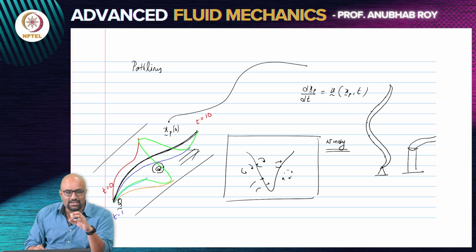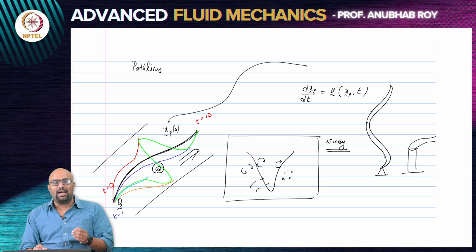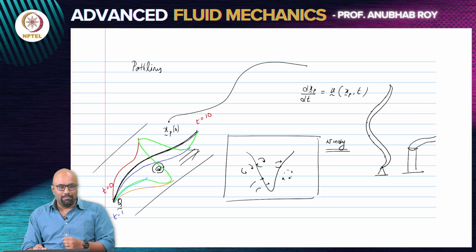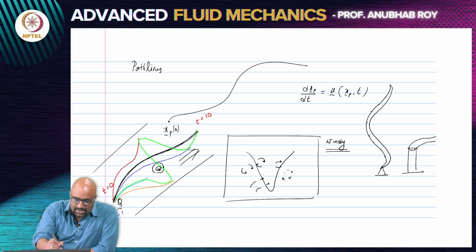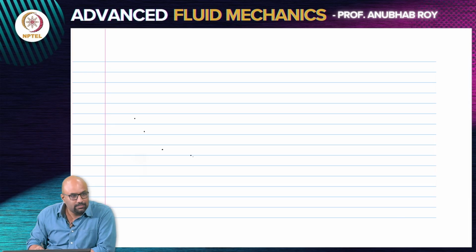So this is a description where you are looking at the final position of particles that have been released from the same location but at different instants in time. Their initial position is the same, but they are leaving that initial position at different instants of time. Another way of saying this is at t equals 0, consider particles that start off from different initial positions.